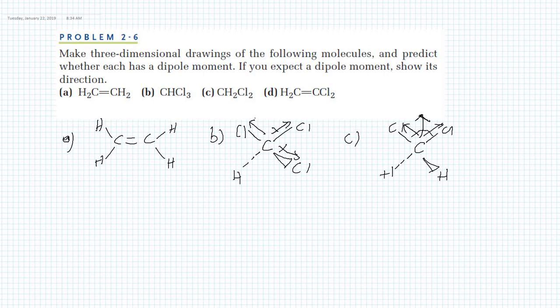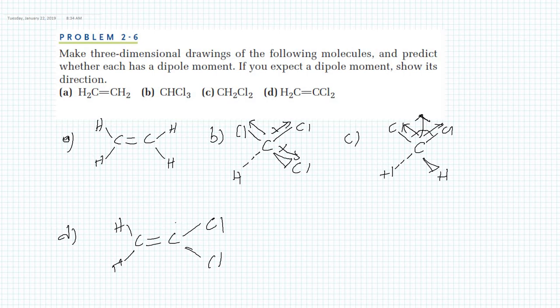Let's move to option D. I'm going to solve option D here. Again, we have a carbon-carbon double bond, and this side of carbon has two hydrogens, and this side of carbon has two chlorines. And we know that carbon-hydrogen bonds are not polar.